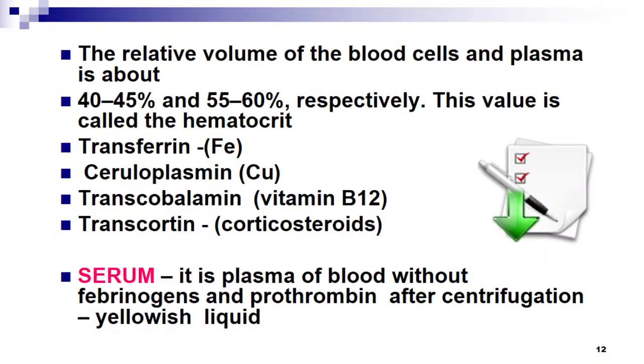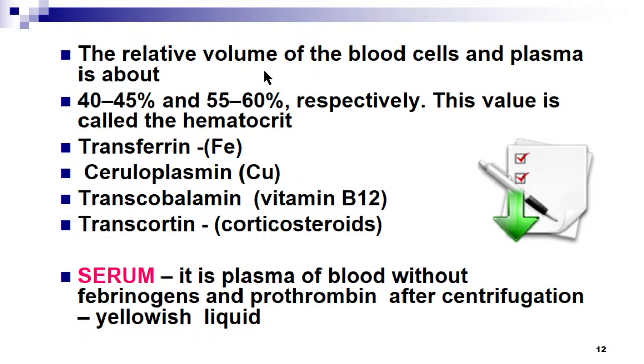The relative volume of the blood cells in plasma is about 40 to 45% and 50 to 60% respectively between the two human sexes, female and male.